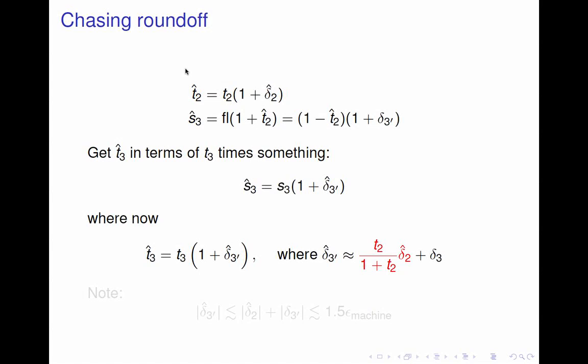But now delta 3 prime, rather than involving this ratio of t2 and 1 minus t2, is going to involve the ratio of t2 and 1 plus t2, which is always less than 1, right? So that means that the size of delta 3 prime hat is no bigger than the size of delta 2 plus the size of delta 3, right? So this is going to give us, I've written 1.5 machine epsilon, but really 2.5 machine epsilon of error.